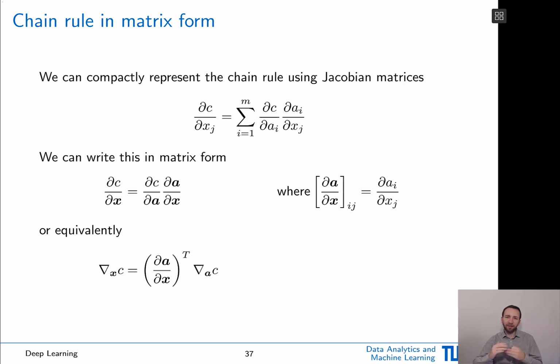So you just have to be careful now that the signs match, so that you can multiply. Because this here is a vector, and this here is some other form we will talk about in a second. This here is in general a matrix, because it's a general Jacobian.